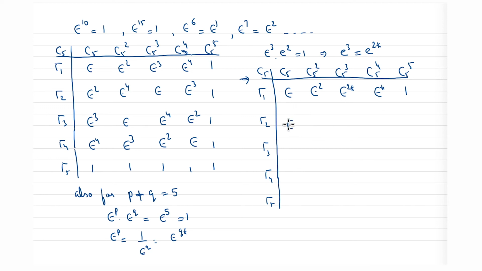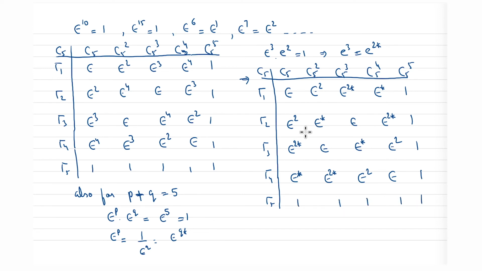Now similarly here, this is epsilon square, this is epsilon star, epsilon 2 star, this will be 2 star, this will be star, epsilon square 1, epsilon star, epsilon 2 star, and epsilon 2, epsilon 1, 1, 1, 1, 1, 1.